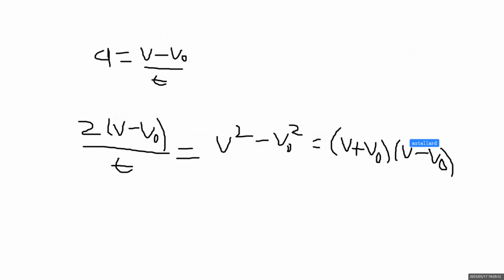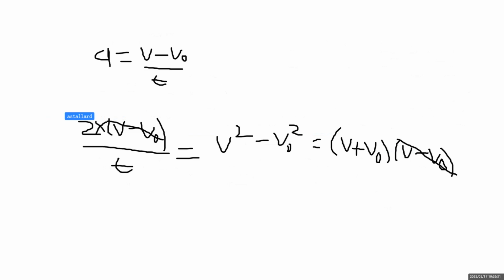Okay? Now, let's look at this. v minus v naught cancels out from both sides. Oh, sorry, x here. Okay, x here.